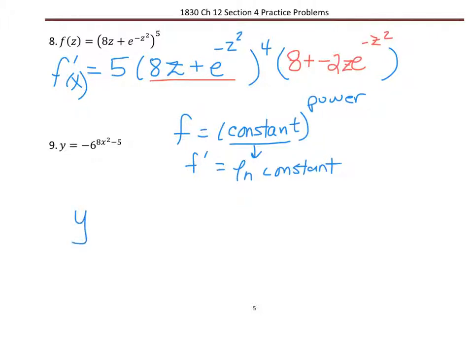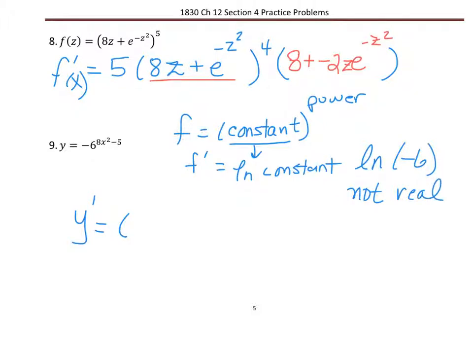Y prime is going to be, first of all, the natural log of -6, but we got a problem there, because if you try to do the natural logarithm of -6, guess what? It tells you that that's not real. So we're going to get around that.